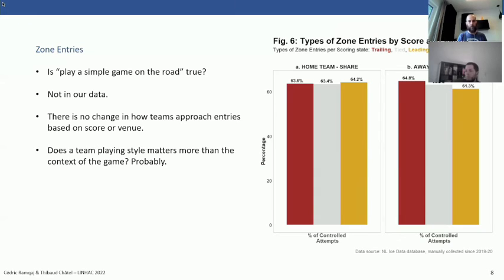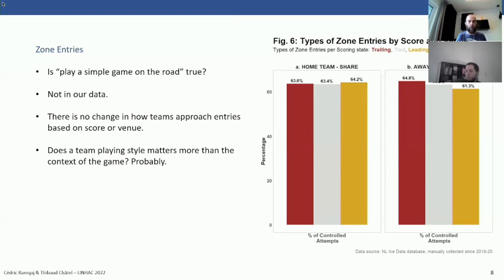And if you look at the share of control attempts versus dump attempts, the first result that we see in the data is that there is not much difference at all. There is not much difference between home team and away team in terms of the share of control attempts, even at the tied game. And there is not much change between a trailing team and a leading team.